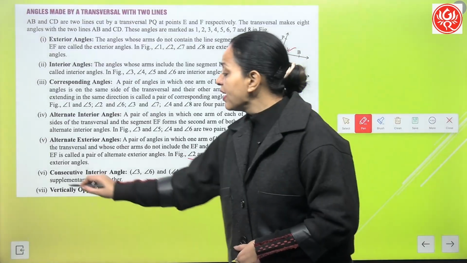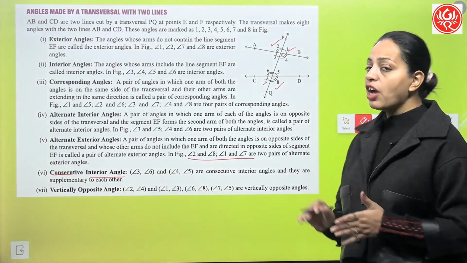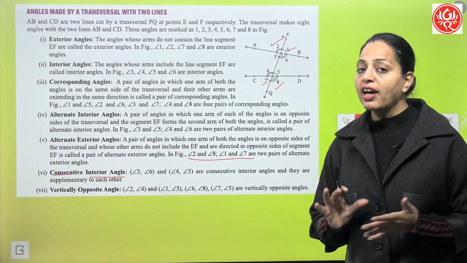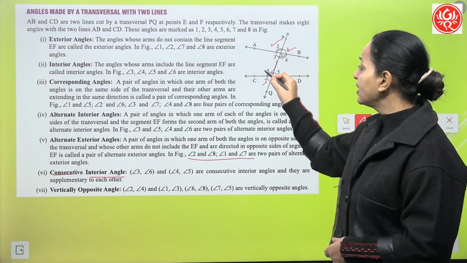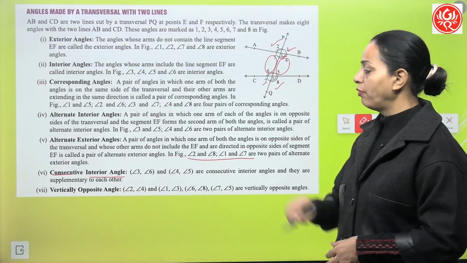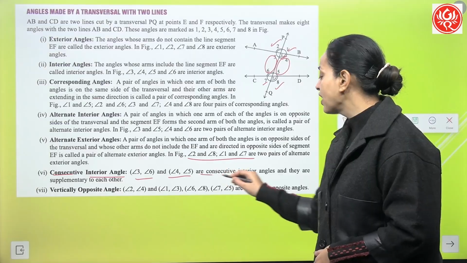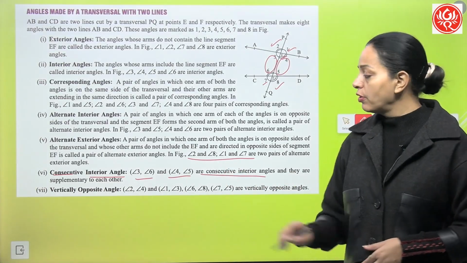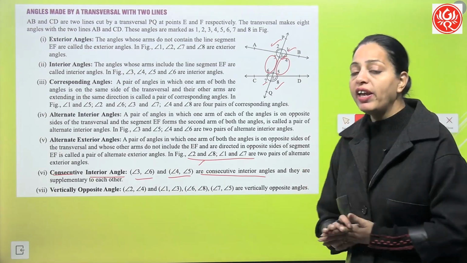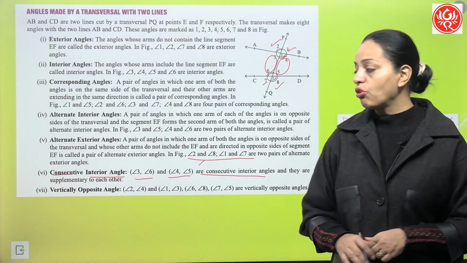Now the next is consecutive interior angles, means which are on the same side of transversal and which are interior, like 3 and 6, right, and 4 and 5. Okay, so here 3 and 6, 4 and 5, these are two pairs of consecutive interior angles and they are always supplementary to each other.